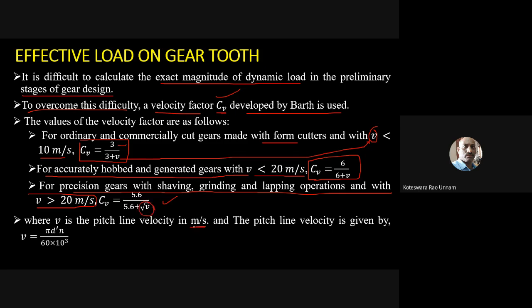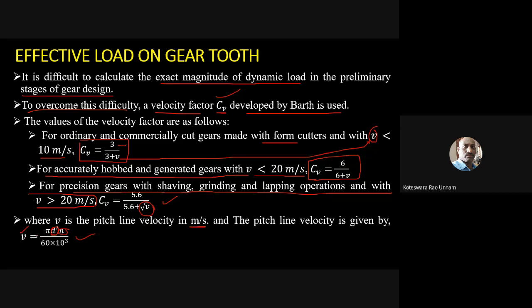Always your V should be in meters per second, and the pitch line velocity is calculated using this formula: V is equal to pi d dash n by 60 into 10 cube, where d dash is the pitch circle diameter of the pinion or gear, based on which you decide, and n is its corresponding speed in RPM. So using that you can calculate the velocity.